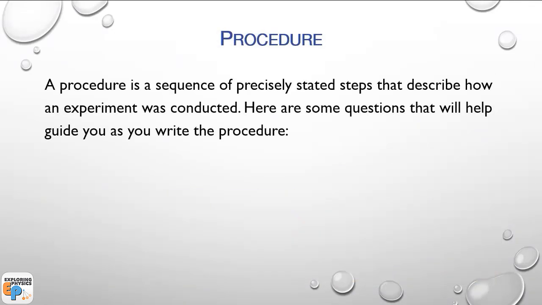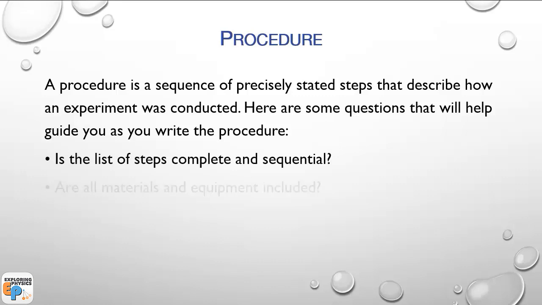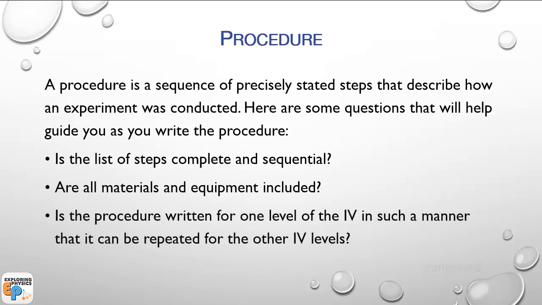A procedure is a sequence of precisely stated steps that describe how an experiment was conducted. Here are some questions that will help guide you as you write the procedure. Is the list of steps complete and sequential? Are all materials and equipment included? Is the procedure written for one level of the IV in such a manner that it could be repeated for the other IV levels?